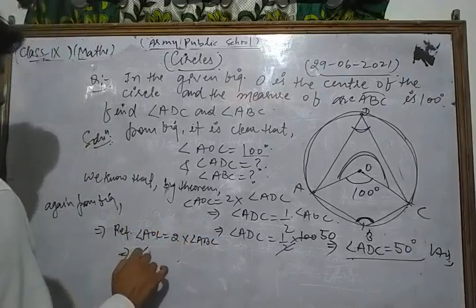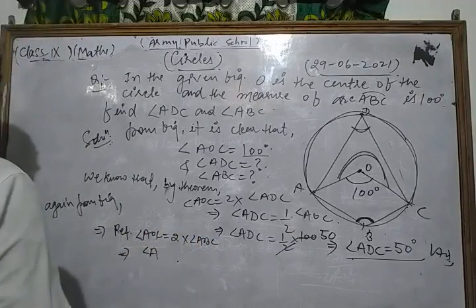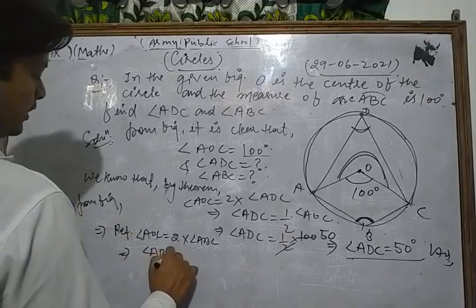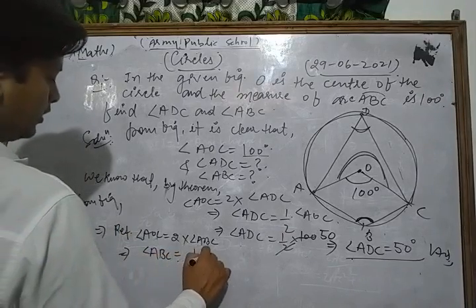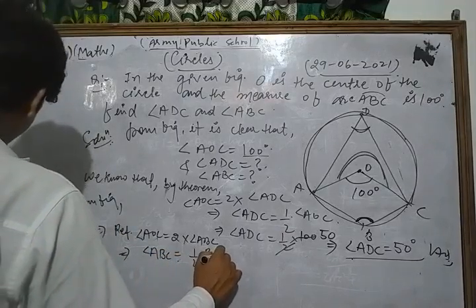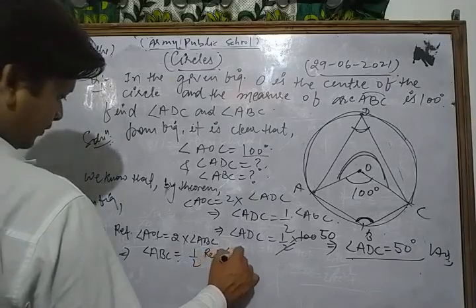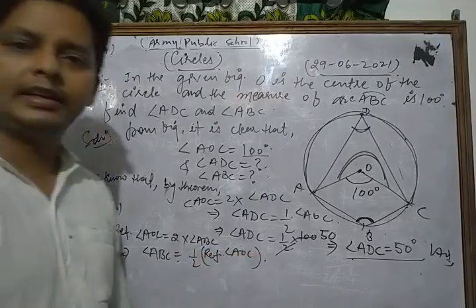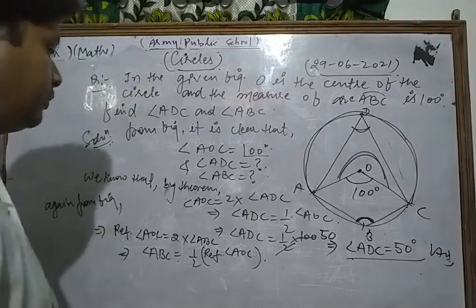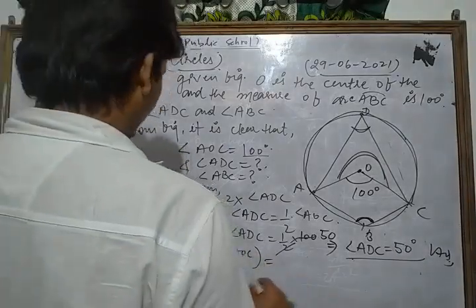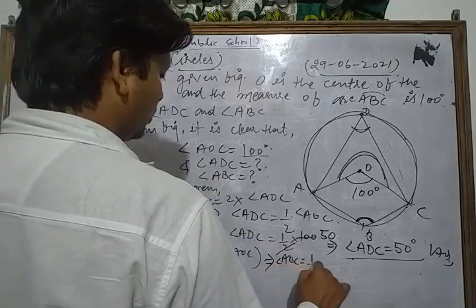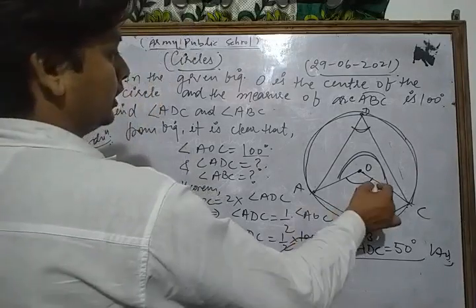So angle ABC is equal to 1 upon 2 of the reflex of angle AOC.